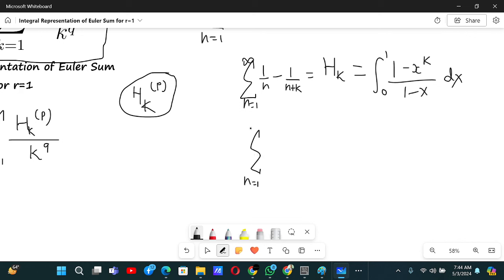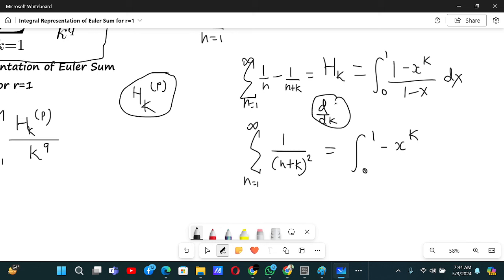and that will just be the sum from n equals 1 to infinity of 1 by (n plus k) whole squared, and here it is the integral from 0 to 1 of minus x to the power k times ln x by 1 minus x dx. Basically I'm differentiating with respect to k. Please note that our differentiation is with respect to k.